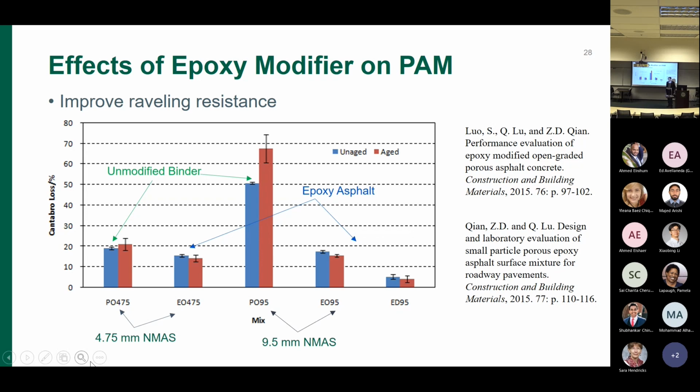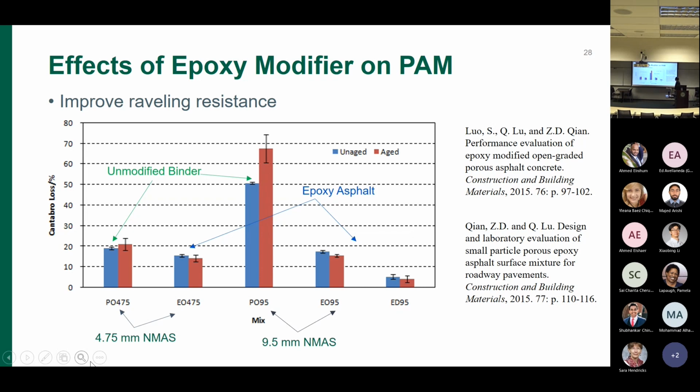But the typical modulus of cement concrete is 30,000 megapascal. But if you are asking for the modulus of the epoxy asphalt, then it's in between. The modulus is maybe 15,000 megapascal. It's in between the regular asphalt mixture and the cement concrete material.